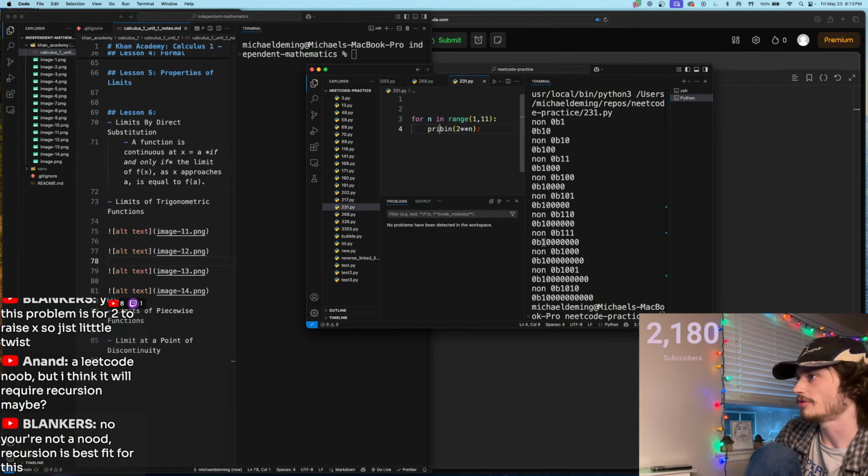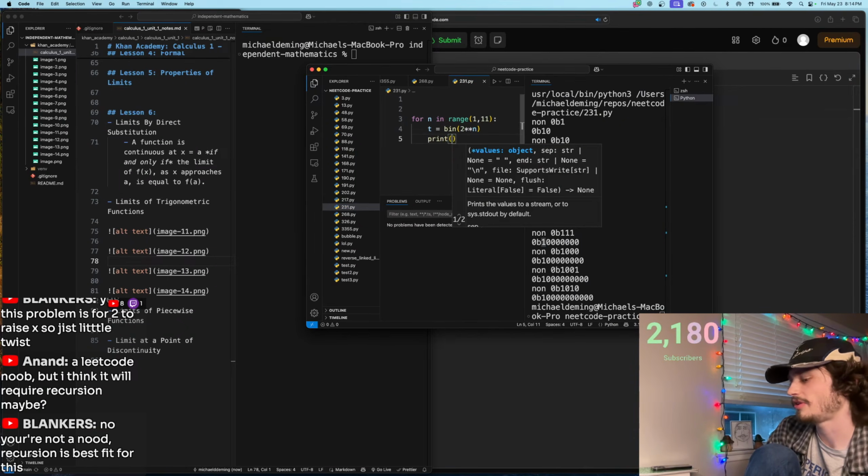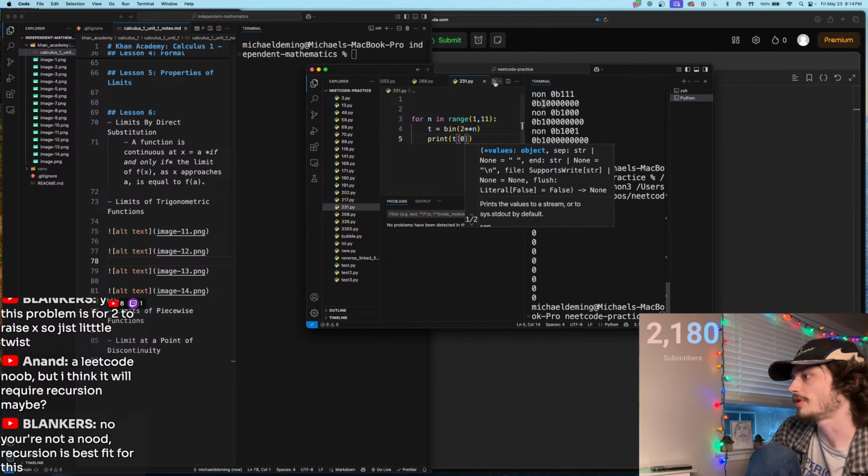Let's say this is going to be temp or t. Let's do this, right? And then can I index into t? Can I print t index 0? Can I print the first bit? Yeah, I can.